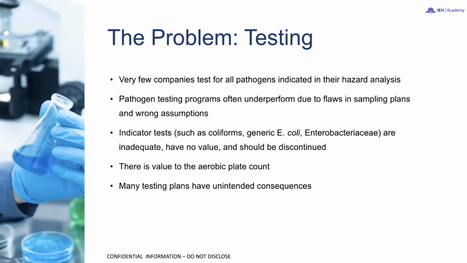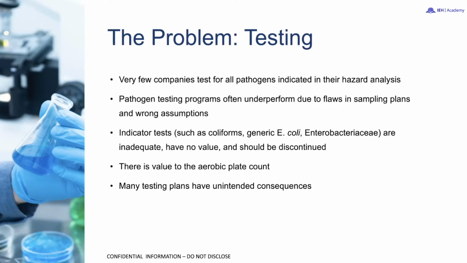testing. Very often, you will identify a pathogen as a pathogen of concern and one that requires preventive control. We may be talking about an ingredient or a finished product, or we may be talking about the environment.